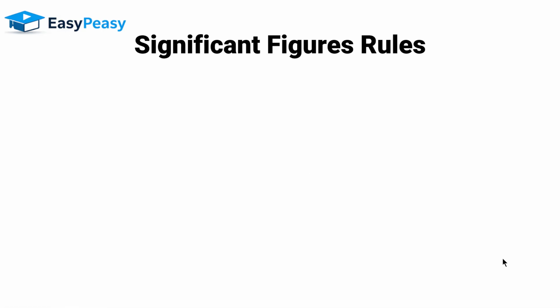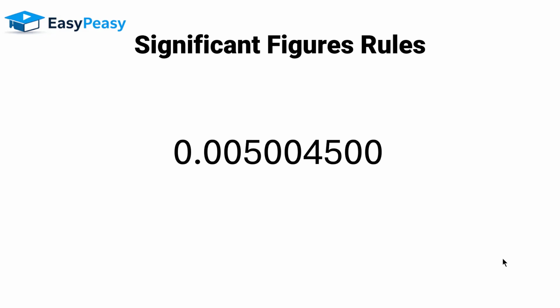Now, what are the rules of significant figures? Let's take this number. The first rule is all the non-zero digits are significant. So in this number, the 5, this 4, and this 5 are non-zero digits, so these three numbers are significant.